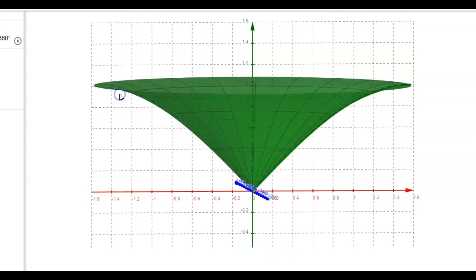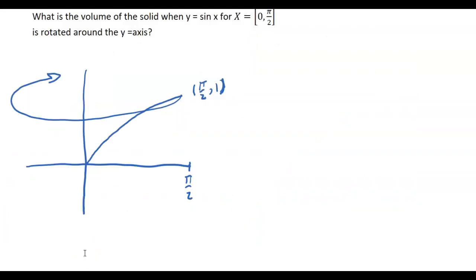Okay, now here's the difference. Instead of my disks going like this, now my disks are going to be going like this. So that means that my height now is dy, and my radius is going to be x.